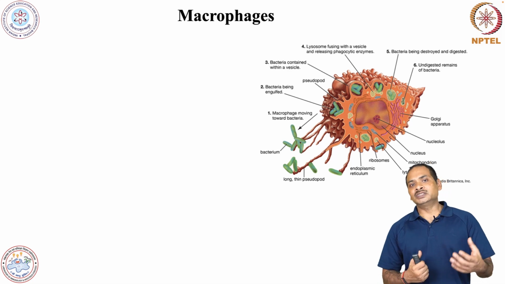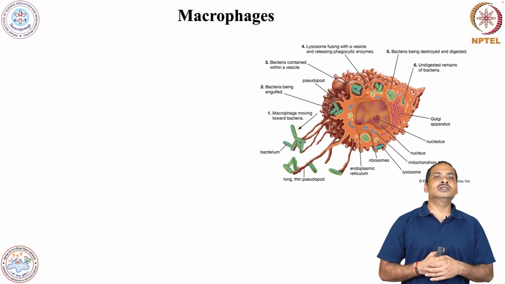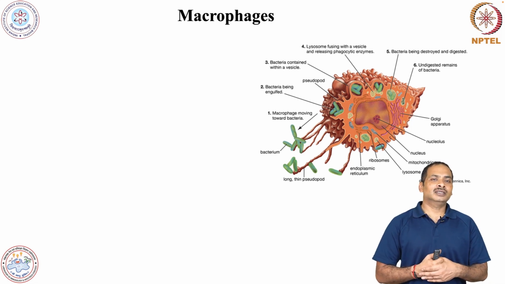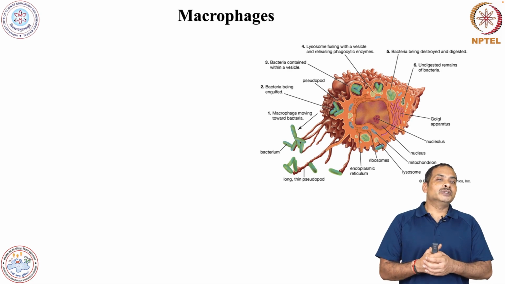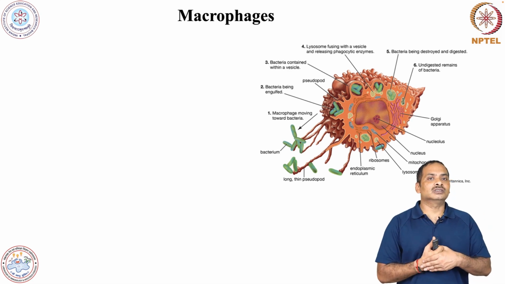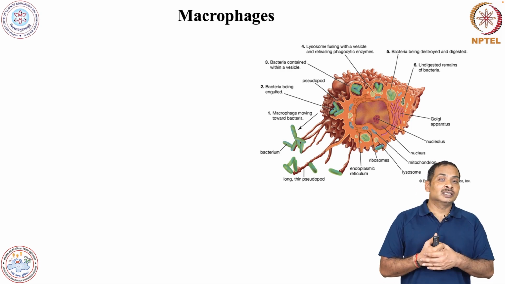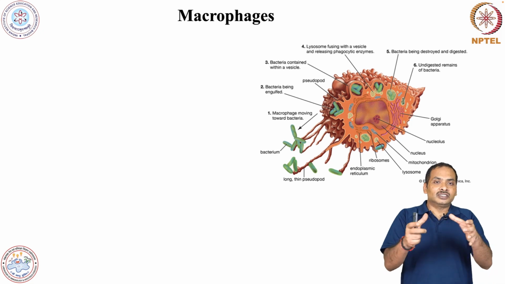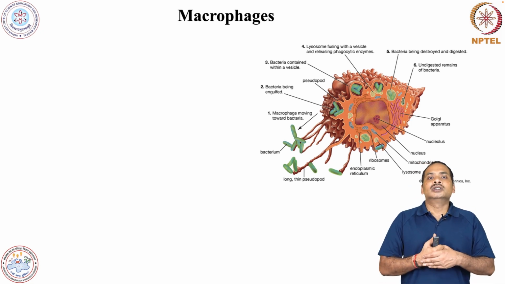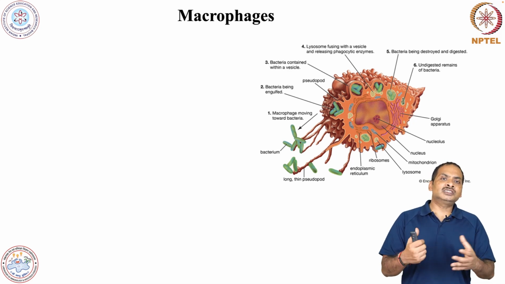Once the microbial pathogen is taken up, it will undergo phagocytosis. In simpler words, there will be some receptor for this pathogen, and there will be clustering of these receptors when it comes in contact with the membrane of macrophages.